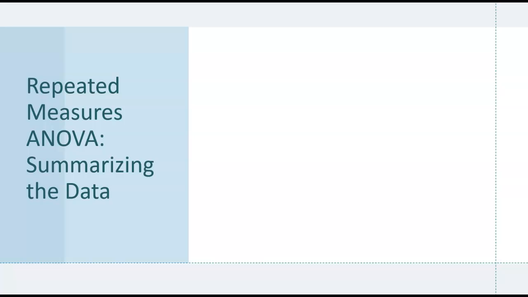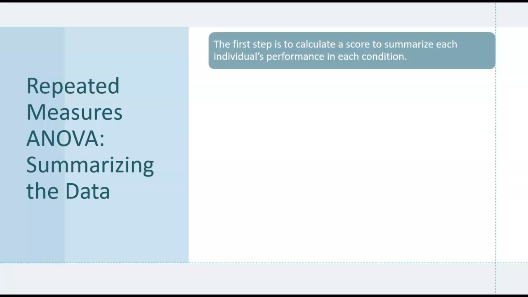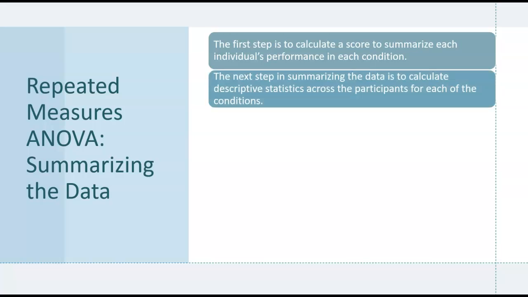So when we're summarizing repeated measures data, the first step is you want to look at each individual's performance in each condition. And then you're going to calculate descriptive statistics at each point in time, so across participants in each of the conditions.